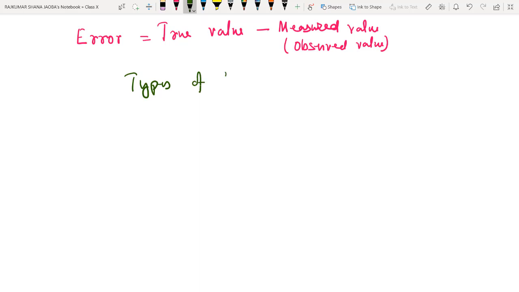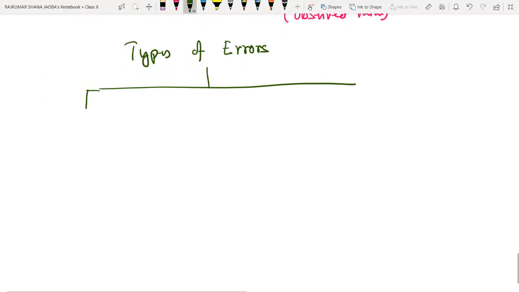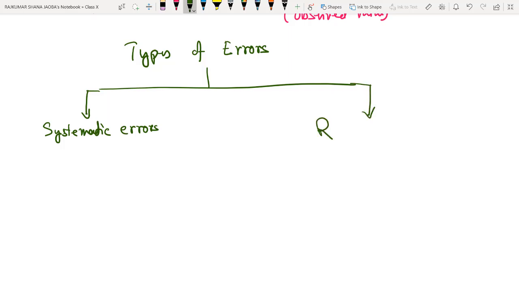Types of errors. So errors we can classify into two types. One is systematic error and another is random error.